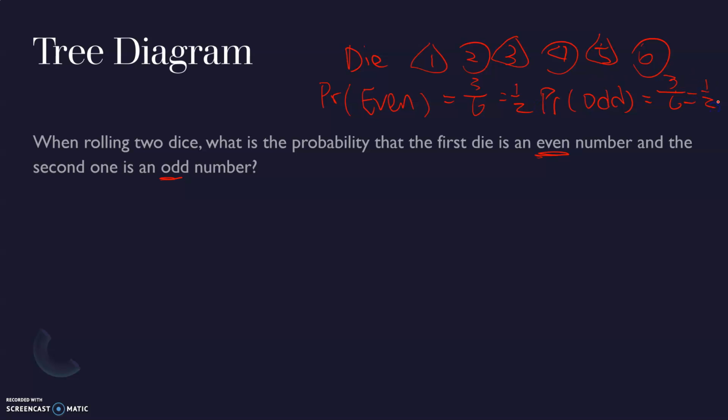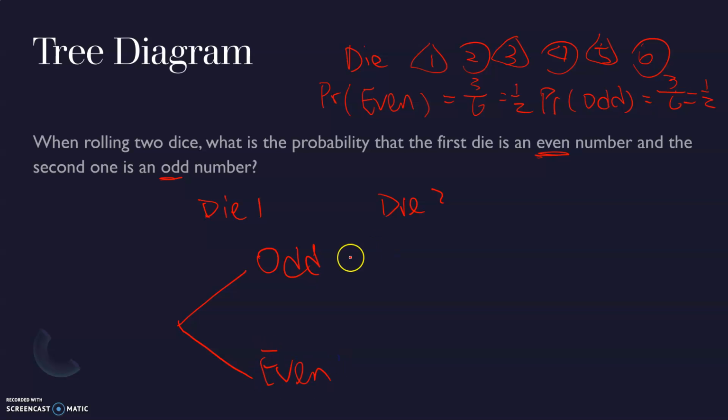So when we draw the tree diagram, we just need to say we roll two dice. That's die number 1, that's die number 2. The first die splits into two branches. The first possibility is we get an odd number, and the second possibility is we get an even number.